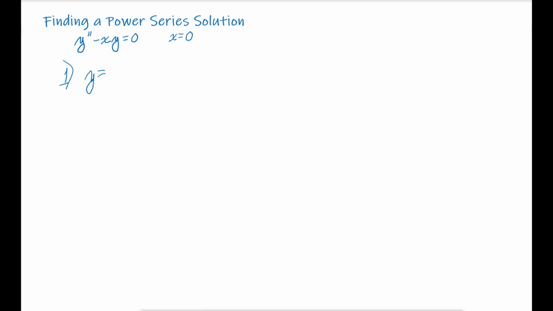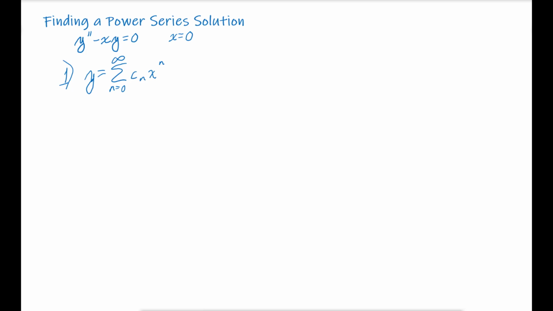It would look like y equals the sum from n equals 0 to infinity of c sub n times x to the n for some c sub n value, right? If we have this power series solution, then when we plug it into our differential equation, it must make the equation true. So we want to plug it in.